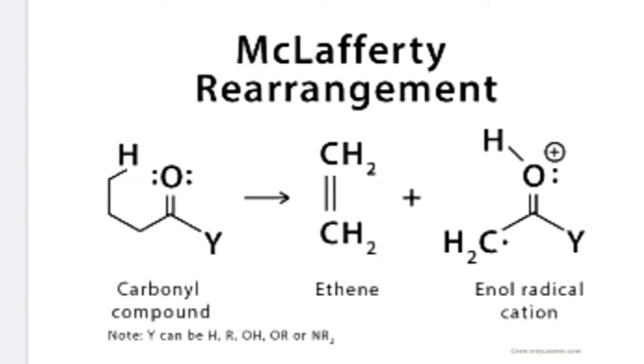The carbonyl compound is divided into two species: one is ethene, that is an alkene with a double bond between carbons, and the other is an enol radical cation.